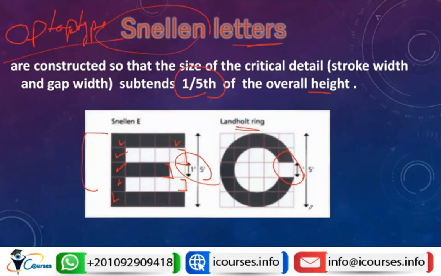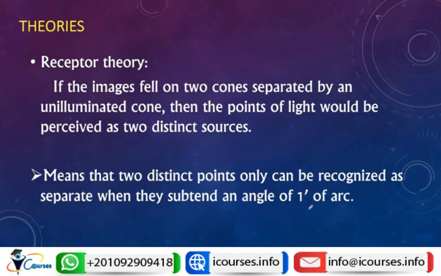And this is intended because there is a theory of visual acuity that explains that the minimum threshold for the angle of resolution is 1 minute of arc. This theory is called the receptor theory, meaning that in order to see two sources as separate, each source should stimulate one cone.